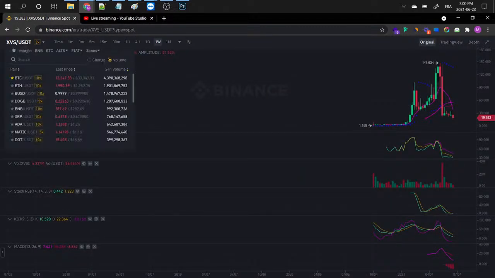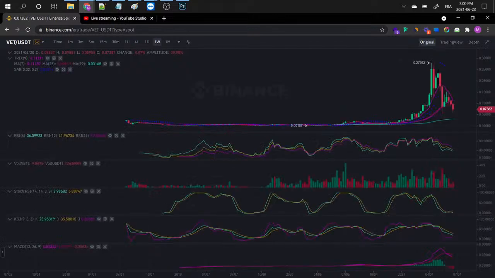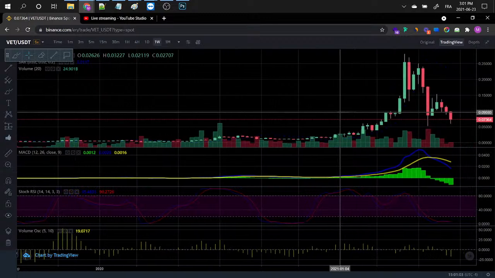Let's have a look at this amazing project. So VET. There you go. Let's check it out in the USDT trade pair. Oh my God. So it's looking like it's going through the same type of pattern as pretty much almost every crypto asset right now that is tied to, unfortunately, the Bitcoin price. So people are panicking, they're panic selling.